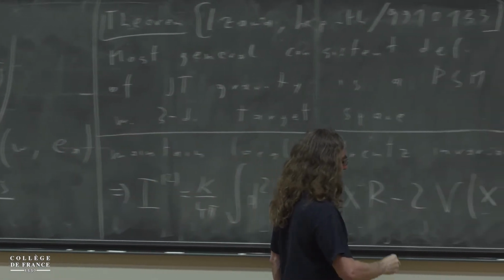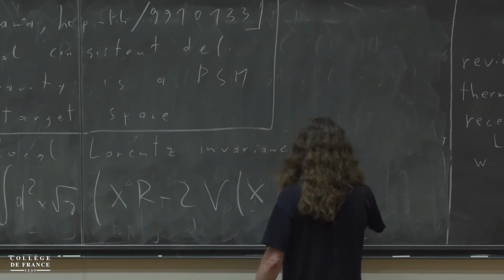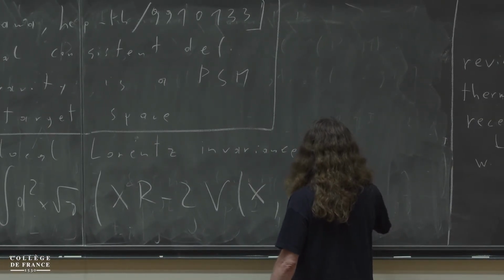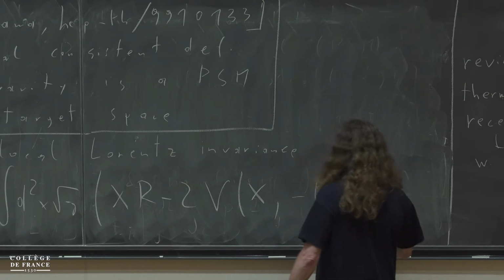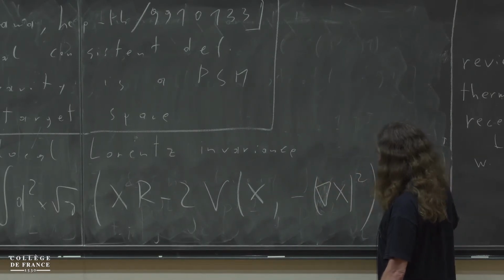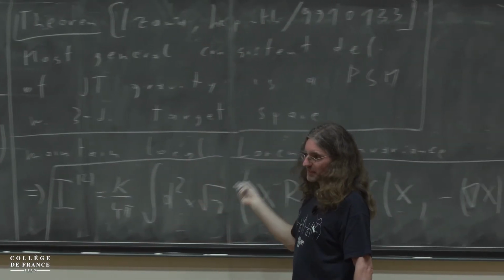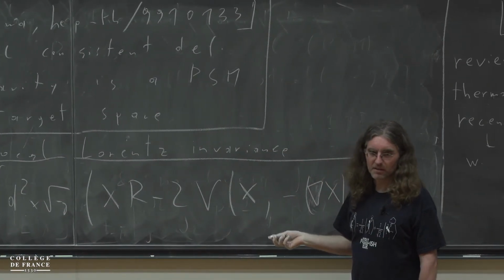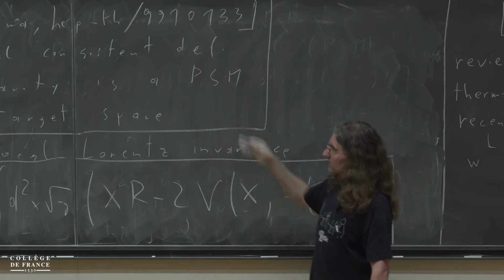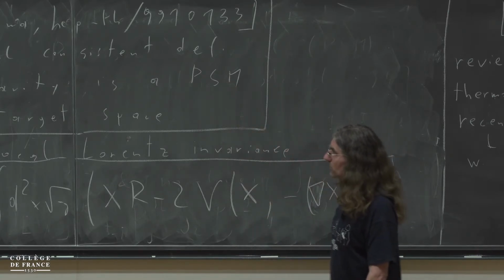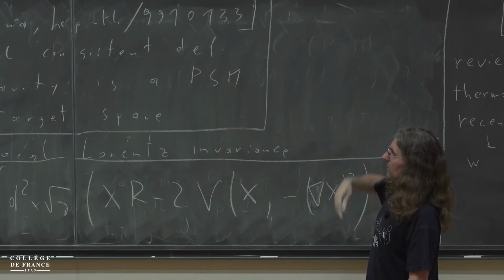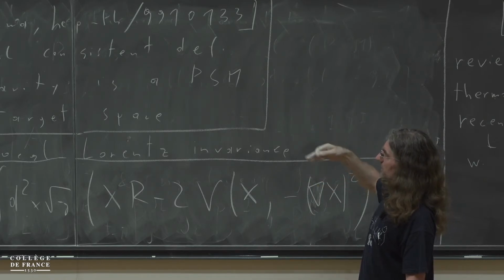X is the same x as here, and the second argument is then replaced by minus nabla x squared. So that finishes the proof of the claim that this is the most general theory of gravity. So most general in the sense explained: the most general consistent deformation of JT gravity that still has a gravity interpretation.